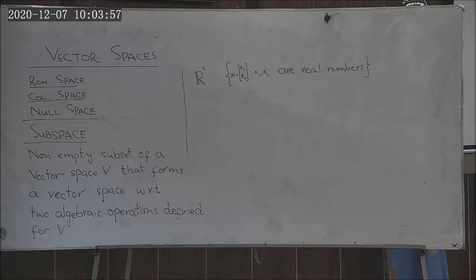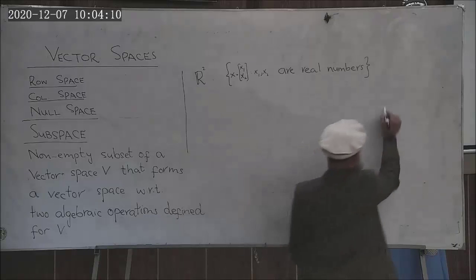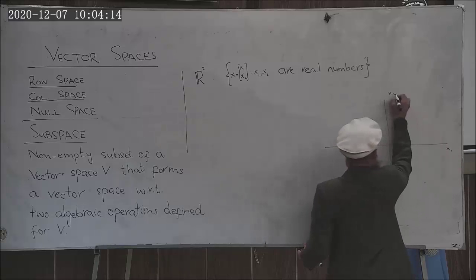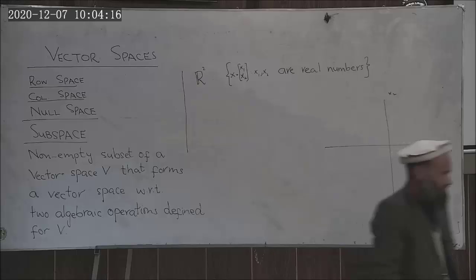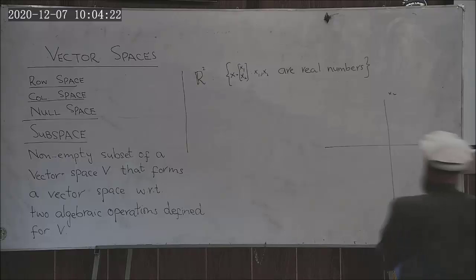So you can find the basis. For example, there will be two vectors in that basis. One vector is, for example, (1, 0), and the second vector is (0, 1). So this is a vector space. There is any vector in this two-dimensional space where x1 and x2 are real. So any vector in this space is a member of this set.